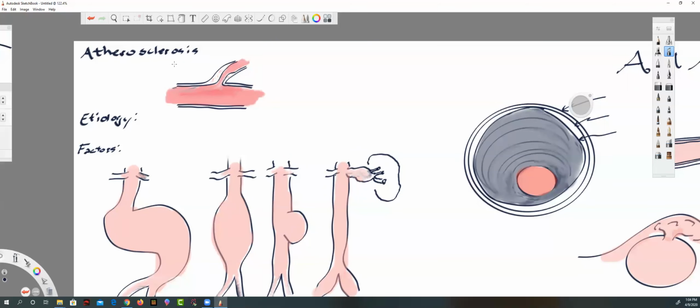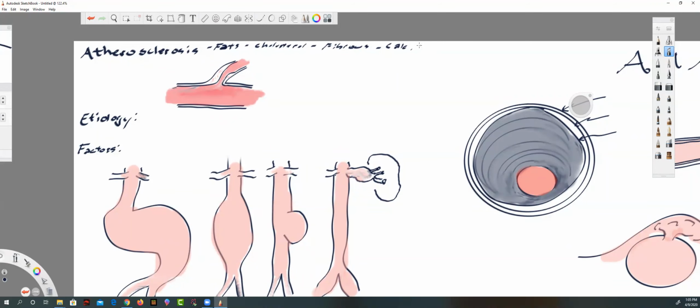So page 67, 68, we start to talk about atherosclerosis, just like in the carotid, atherosclerosis. And that is made up of different things. We have fats or lipids, cholesterol, fibrous tissue, calcium sometimes.